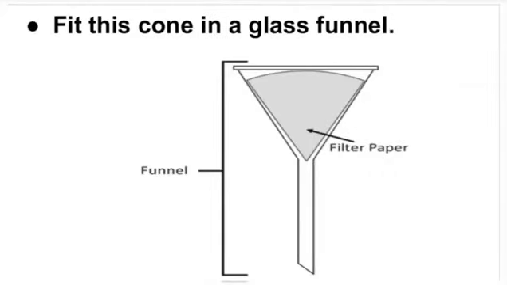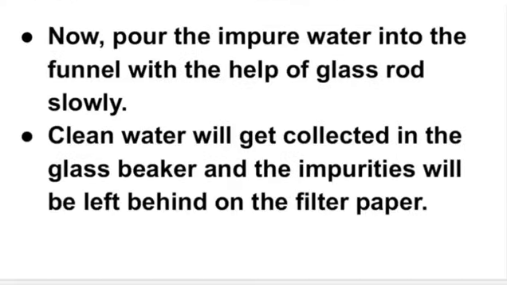Now fit this cone in a glass funnel. This is a funnel, and at the mouth of the funnel we fit this cone. Now pour the impure water into the funnel slowly with the help of a glass rod.